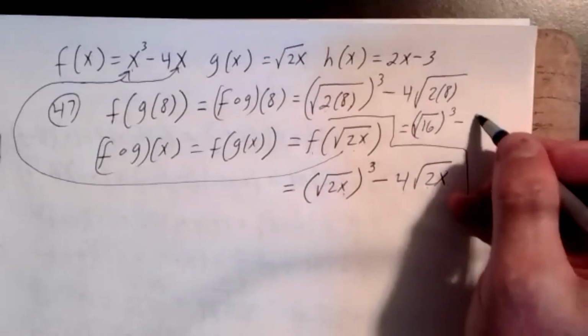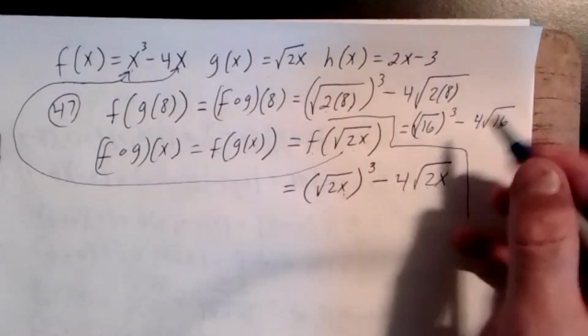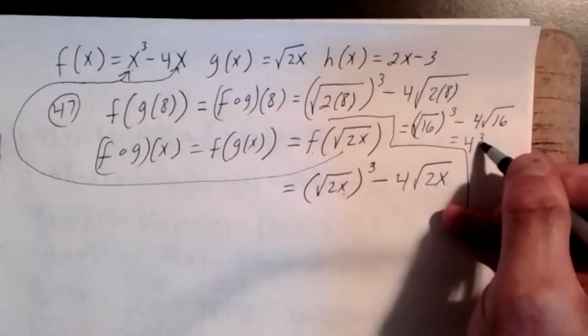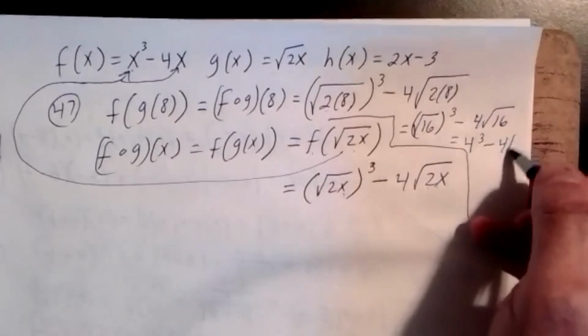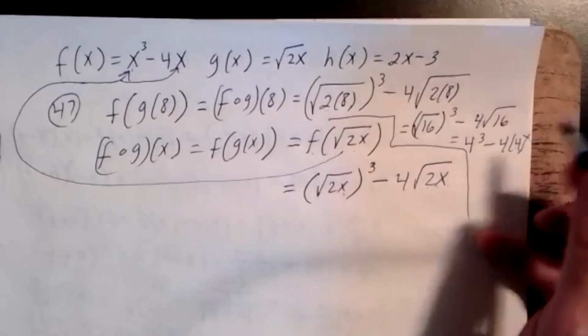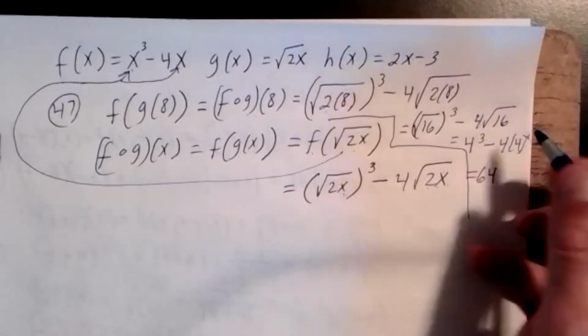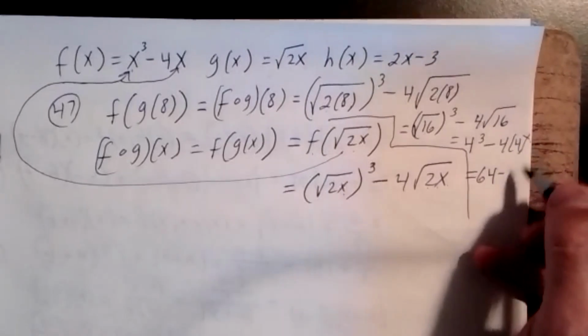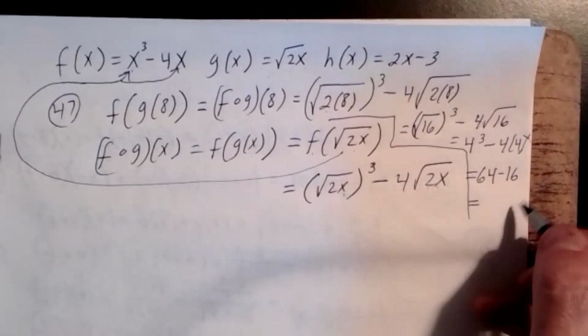Here we have 4 times the square root of 16. So the square root of 16 is 4, and then 4 has to be what? Cubed. And this is going to be 4 times 4. 4 times 4 is 16 times 4 is 64. So 4 cubed is 64. 4 times 4 is 16. 64 minus 16 is going to net us what?